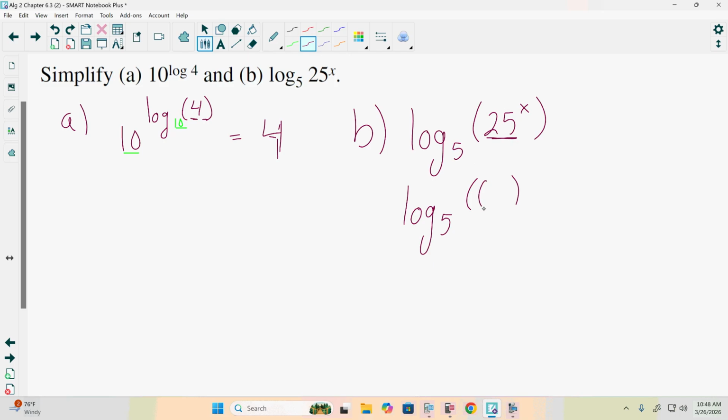Well, 5 to what power is 25? 2. Because 5 squared is 25. Now, I put that extra set of parentheses there to signify that 5 squared is 25, we replaced it. And it'd still be put to the x power.